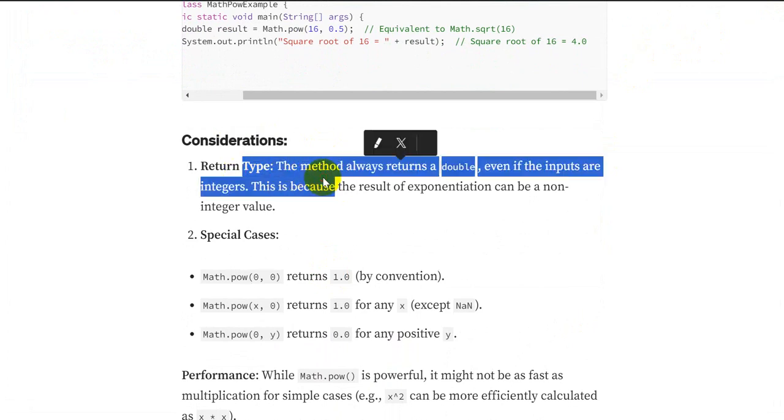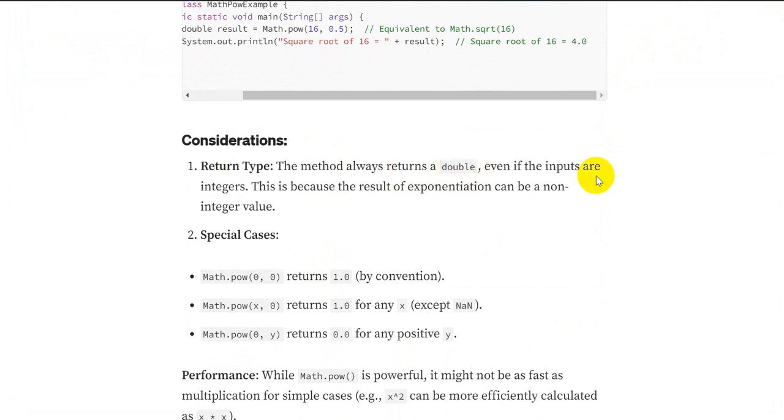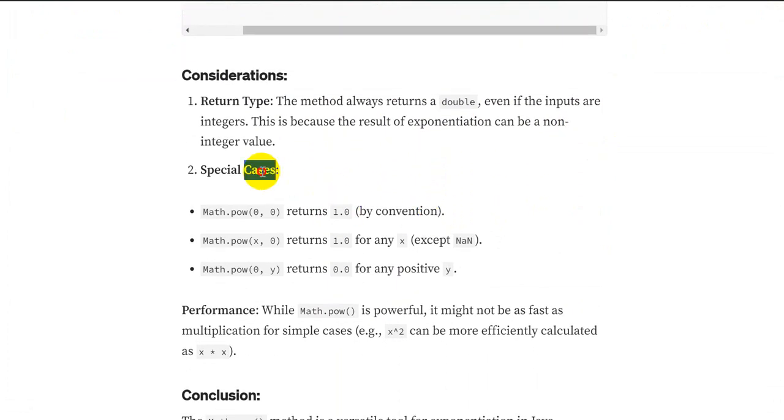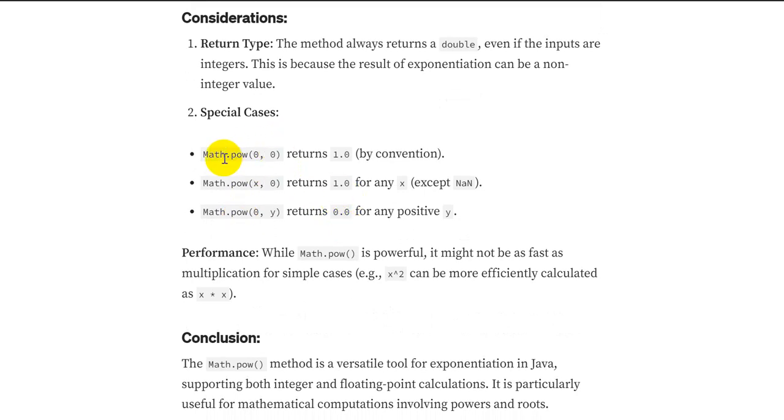The method always returns a double even if the inputs are integers. This is because the result of exponentiation can be a non-integer value. So there are special cases. Like if we pass the base and exponent as 0, it will return 1. Let me copy this.